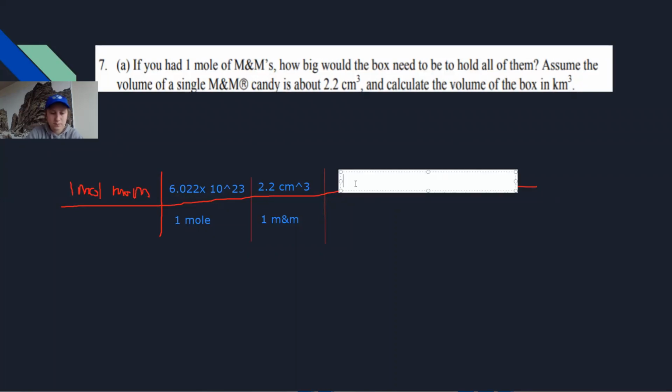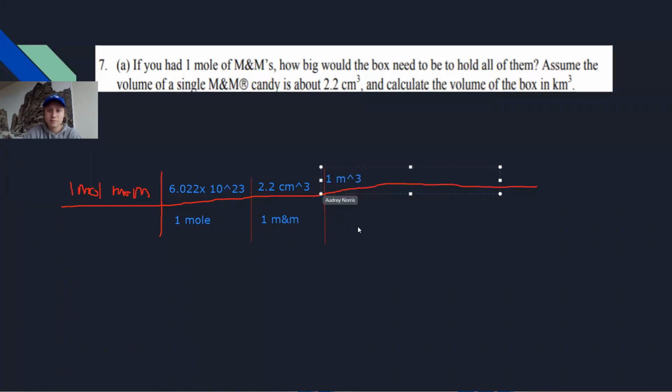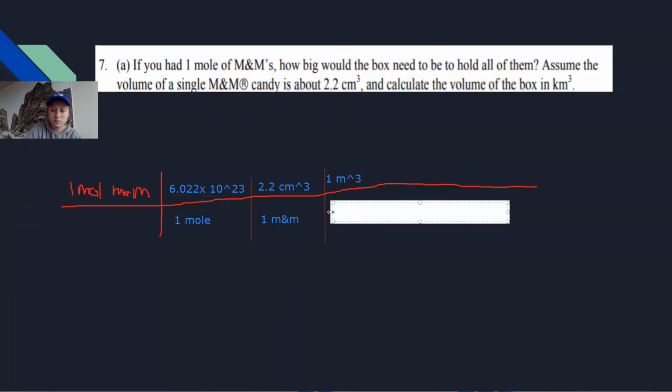We have like 1 meter per 100 centimeters, cubed.